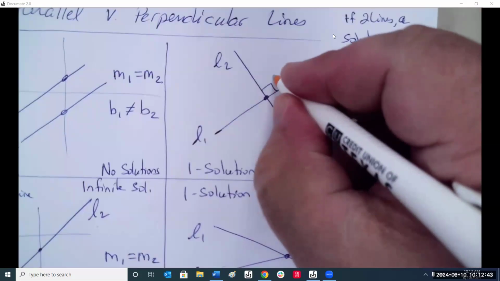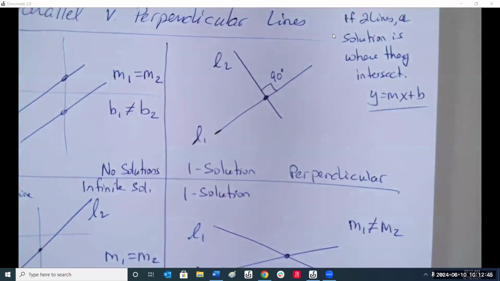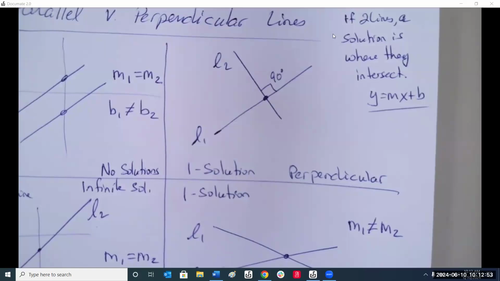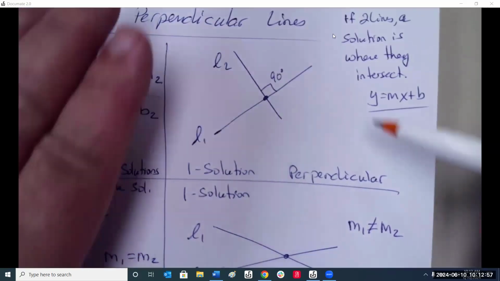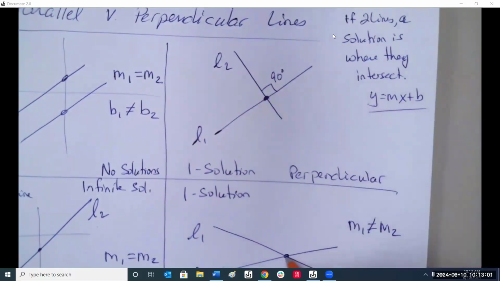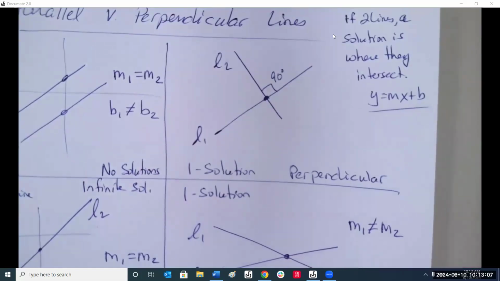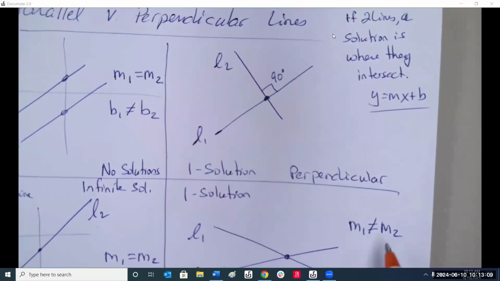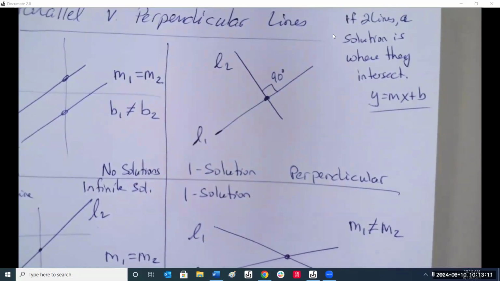That's what that little sign there means, 90 degrees. And we don't look at the y-intercepts. You notice on this side, we don't care about the y-intercepts because they can cross at the y-intercept. The only thing we look at is the slope. If the slopes are different, we have one solution.